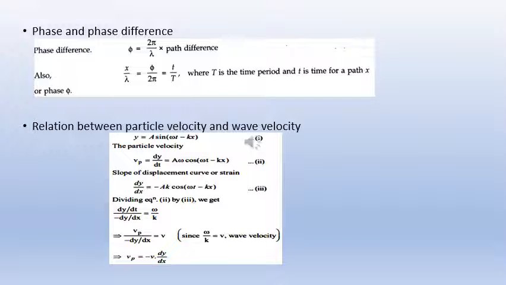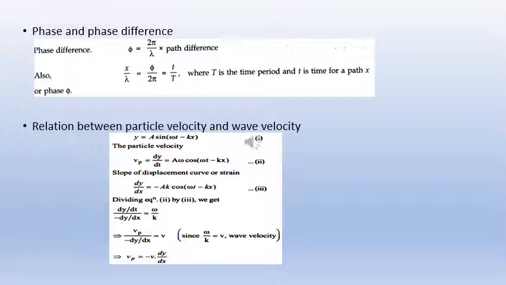In terms of time, we can give the phase difference as 2π/T, where T is the time period, multiplied by the change in time. So instead of path difference, we can simply write it as (2π/T) × t. That will be the relation.